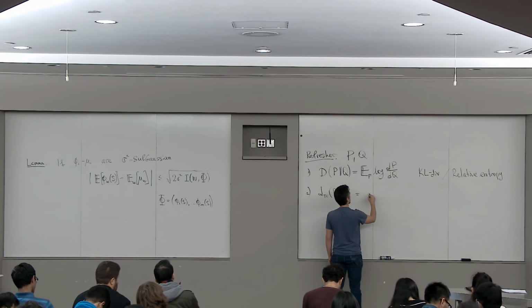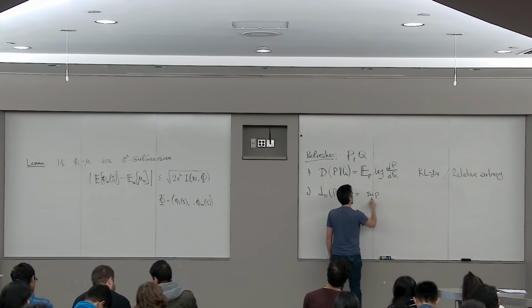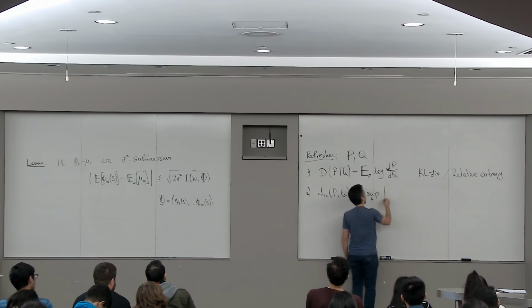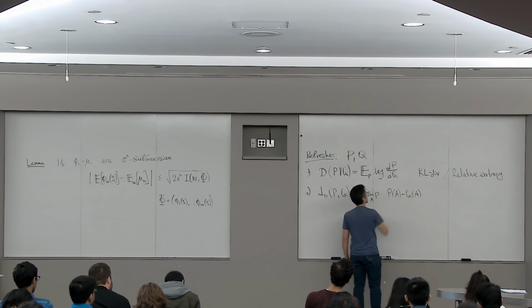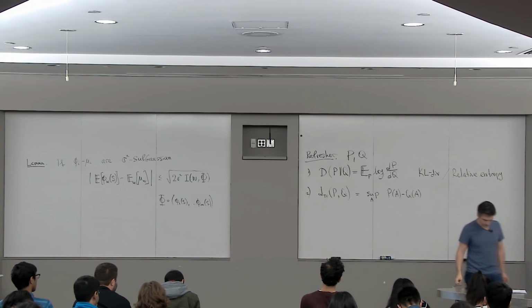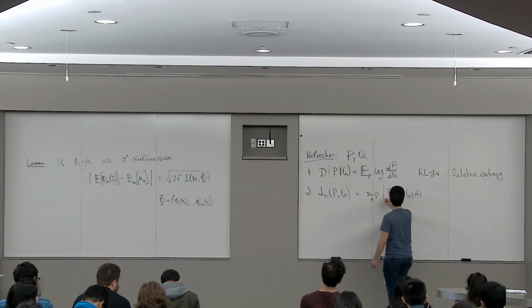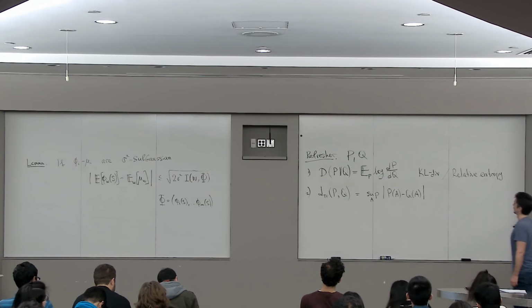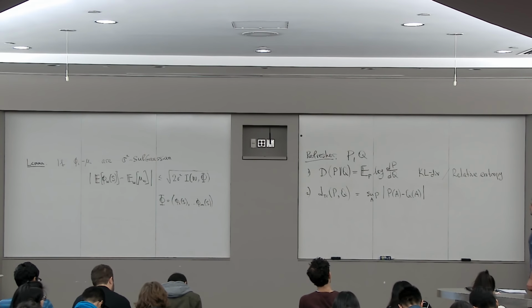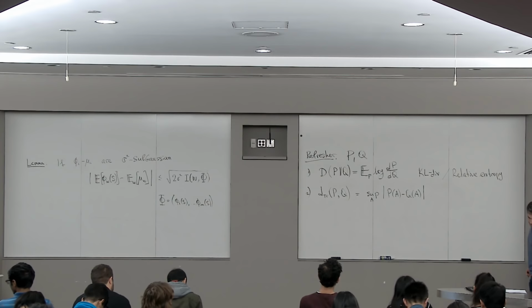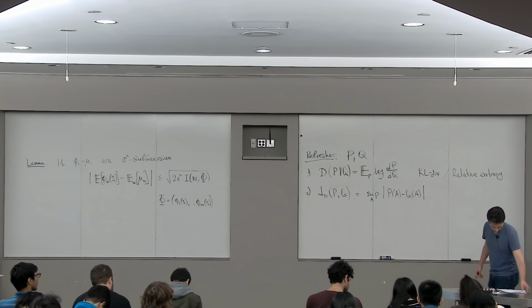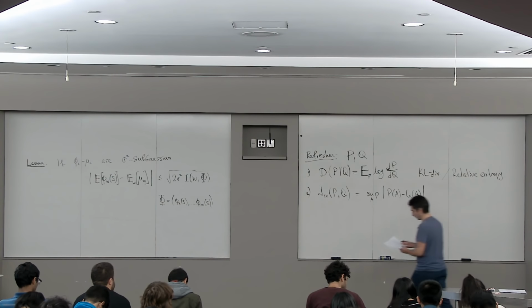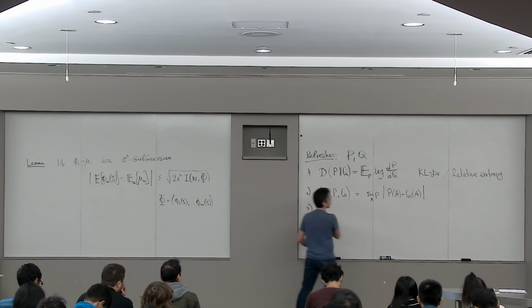It is the sup over measurable sets A of P(A) minus Q(A). The supremum is taken over all measurable sets. So this is total variation.